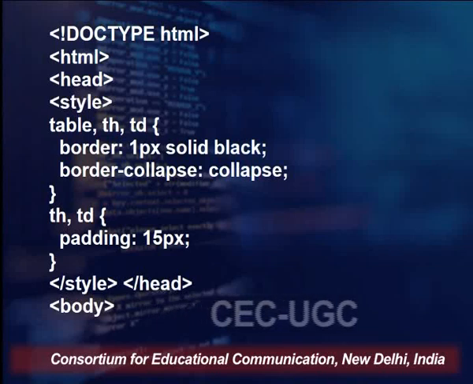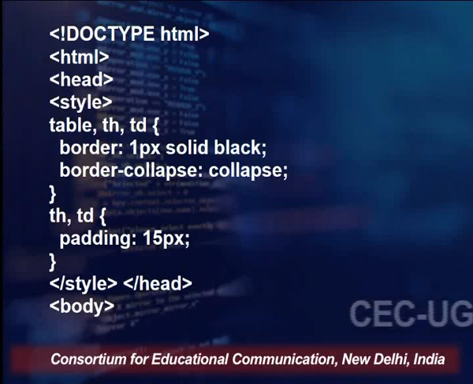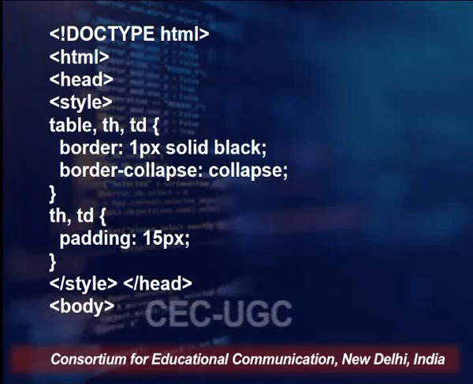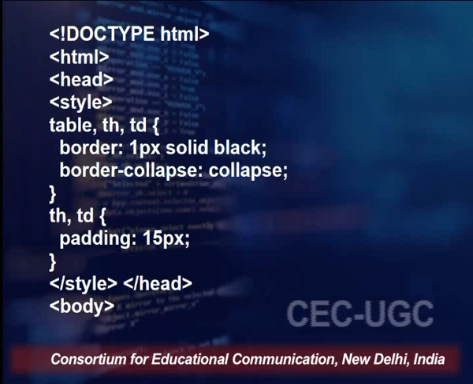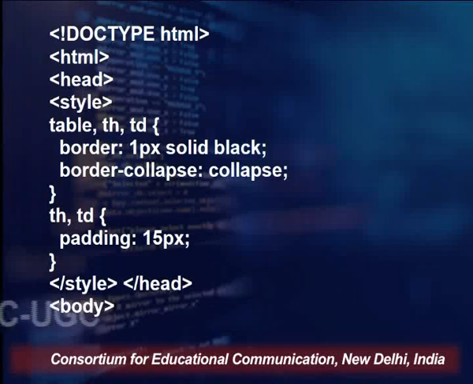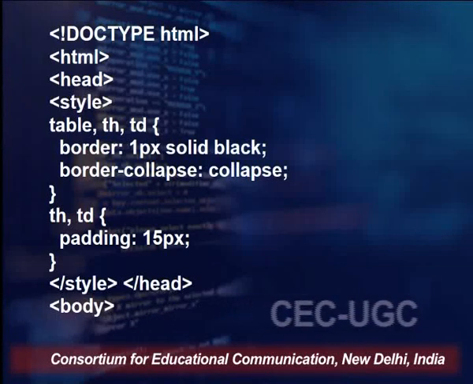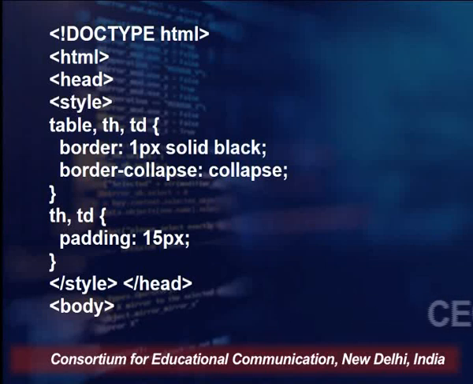Although we have seen this earlier, I am just trying to familiarize you with this particular style of writing the code within the head. Inside the style tag, we have table, th and td, and we have given some properties about the border, and border-collapse is also there.